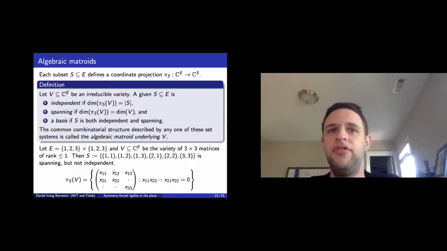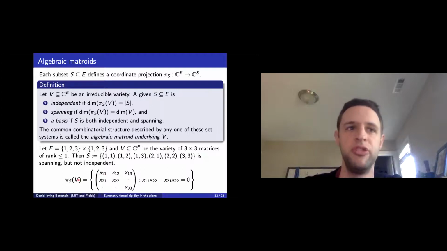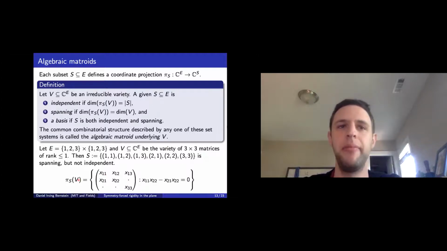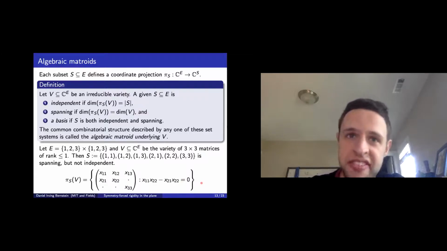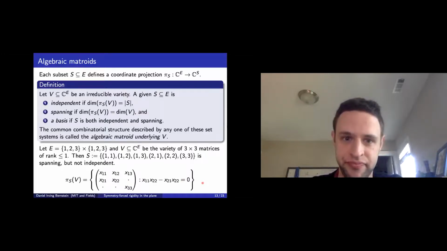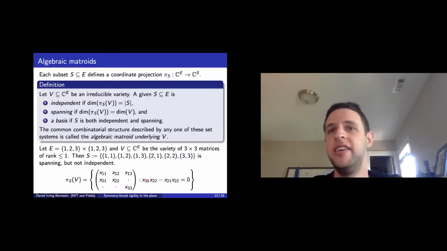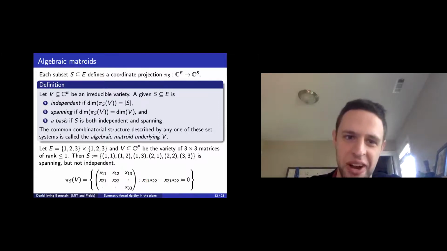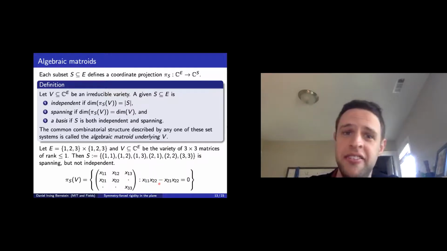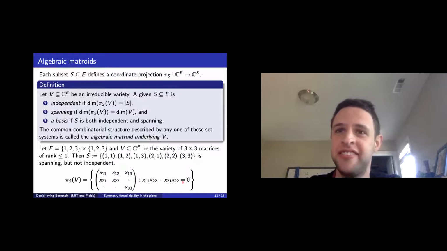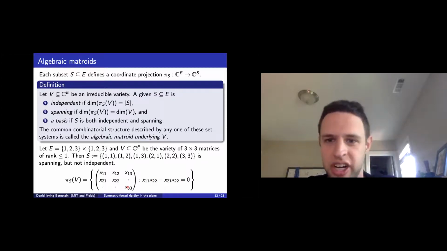If you look at the projection of the variety of 3x3 matrices of rank 1 onto these coordinates, there are 6 coordinates here, and they satisfy one equation, so this set is 5-dimensional. The variety of 3x3 matrices of rank at most 1 is also 5-dimensional, so this is a spanning set. It's not independent because the projection is not 6-dimensional, and I have 6 coordinates I'm projecting onto.